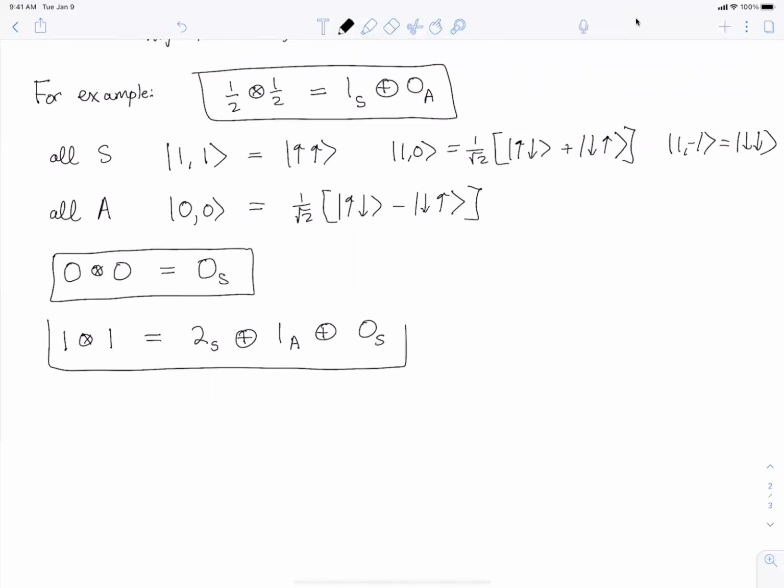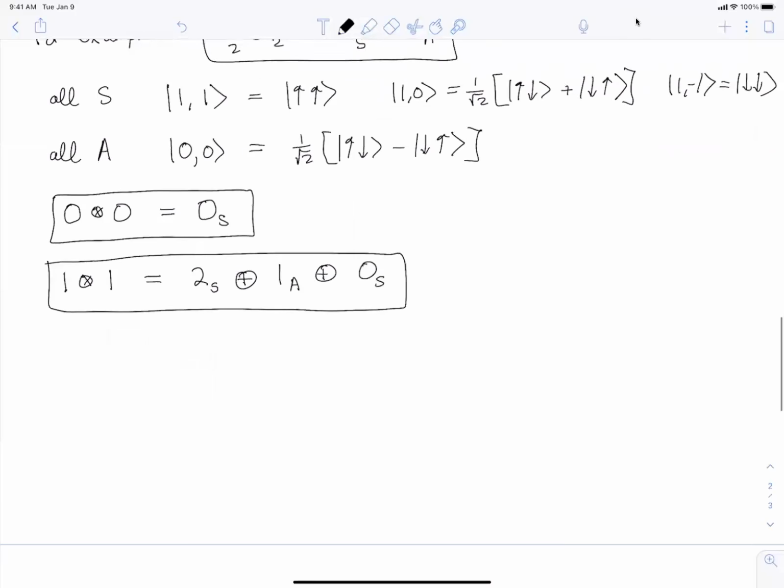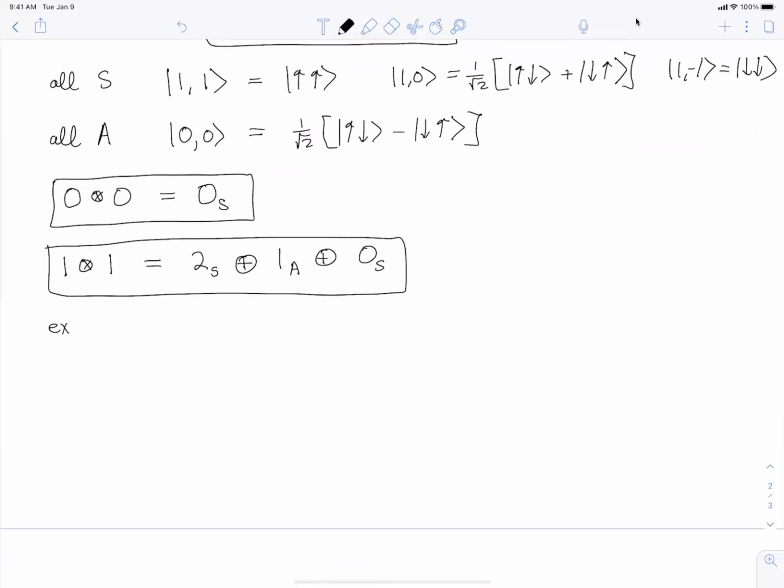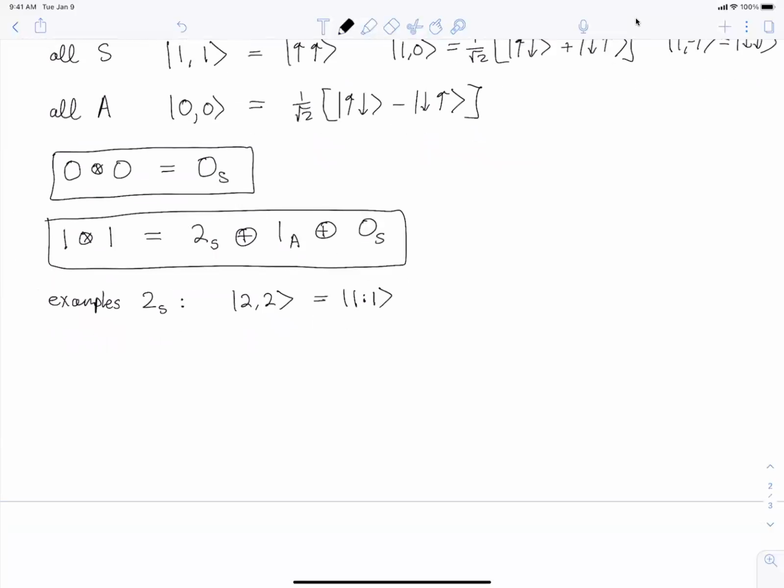Okay, and so to see examples of that, an example of the basis states with 2 symmetric are, for example, the total angular momentum state 2, 2, which in the product basis is just when they're both aligned to be plus 1. Okay, so if I interchange 1 and 1, I get back the same thing.